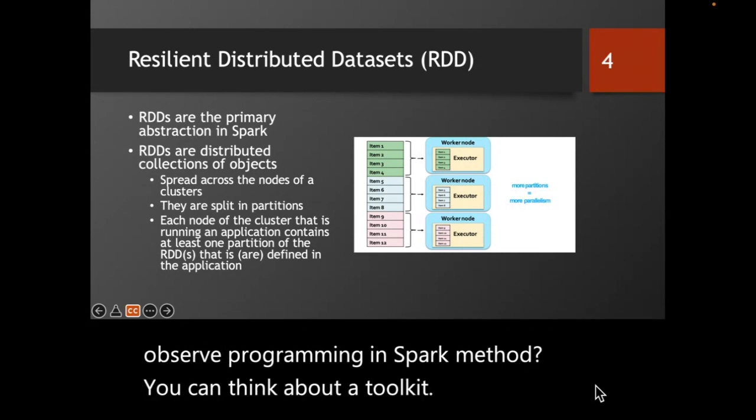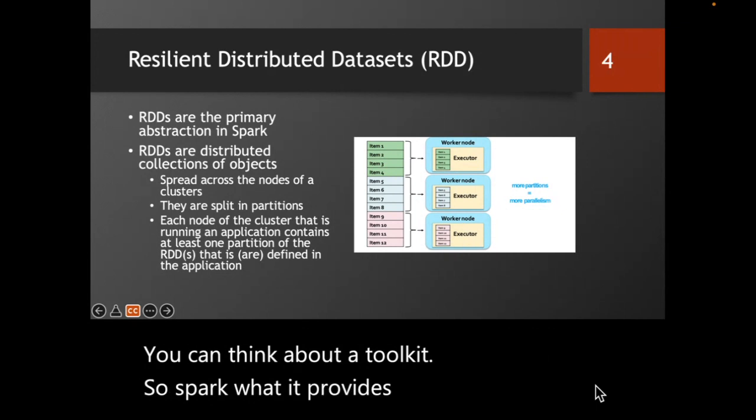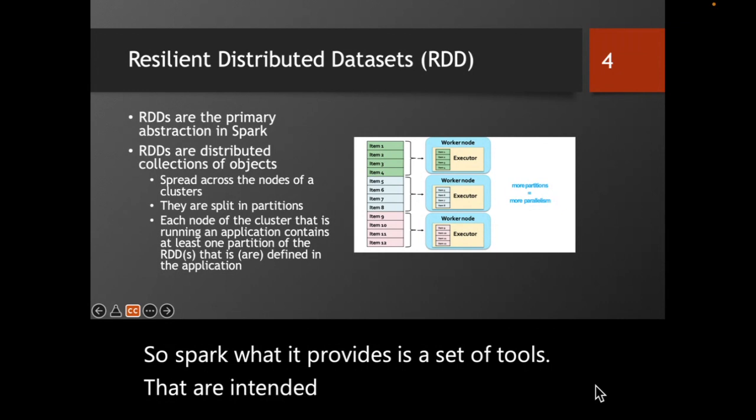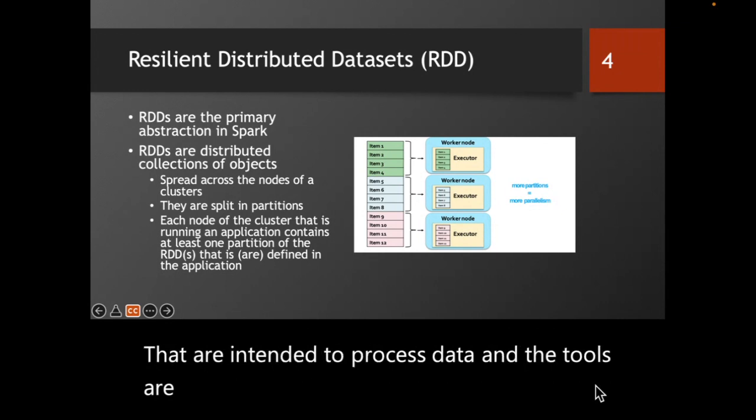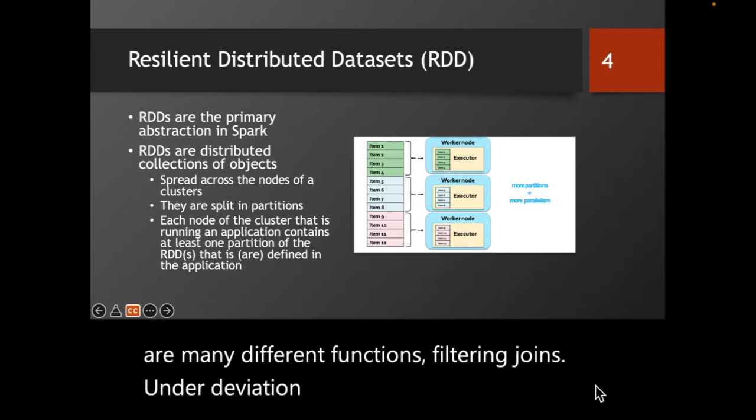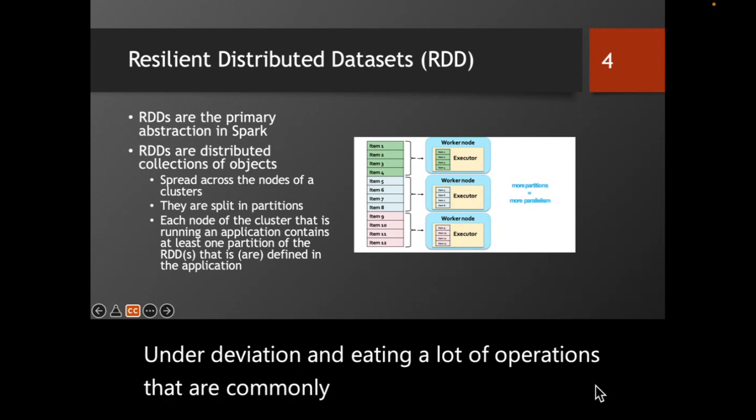So Spark provides a set of tools that are intended to process data. And the tools are many different functions: filtering, joins, standard deviation, analytics, a lot of operations that are commonly used in order to process the data.